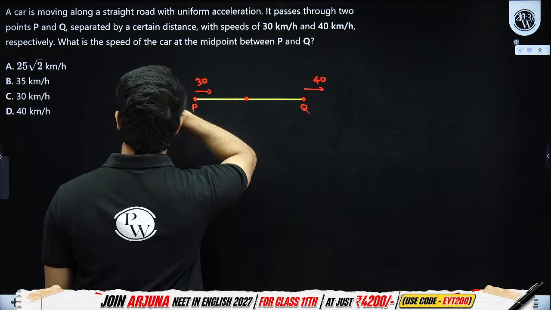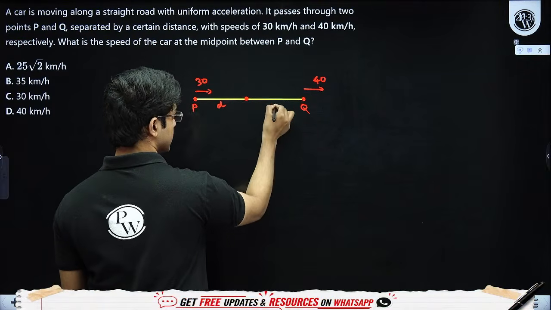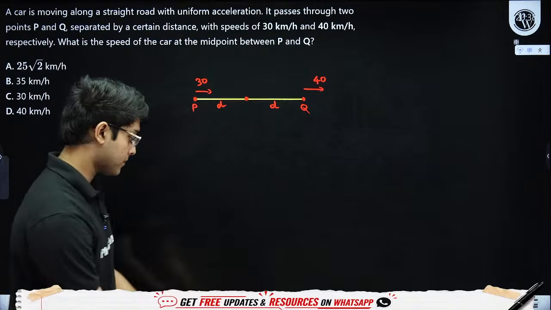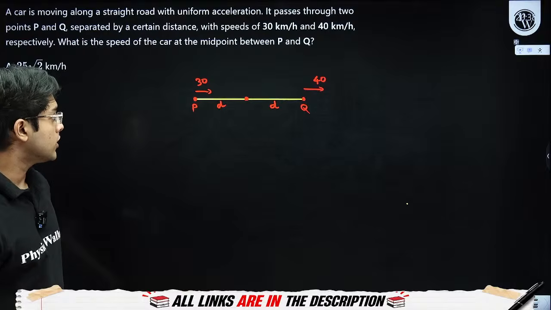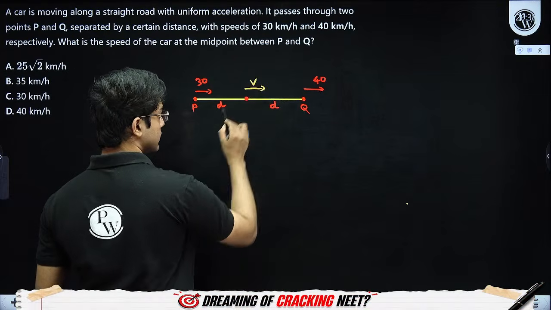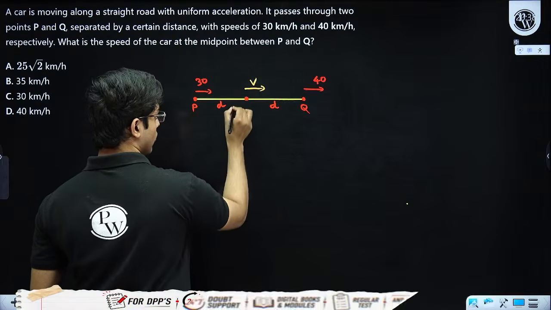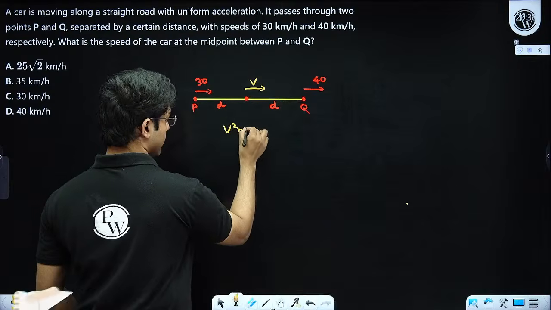This distance is unknown, so I am taking both these distances as d and d. What is the relation between speed, displacement and acceleration? It's the third equation, so I'll apply v square equal to u square plus 2as.